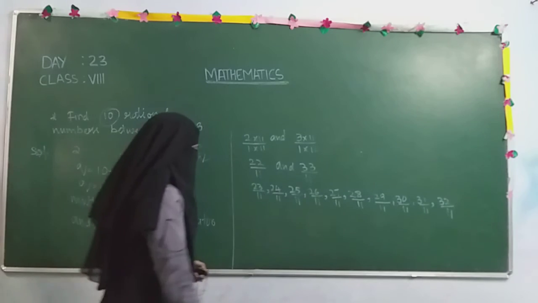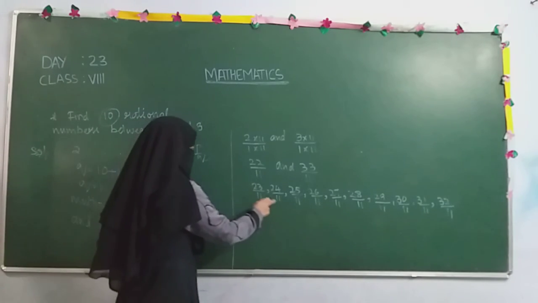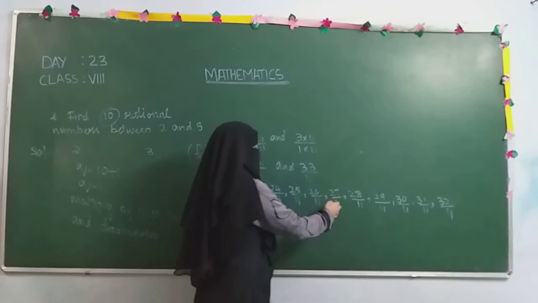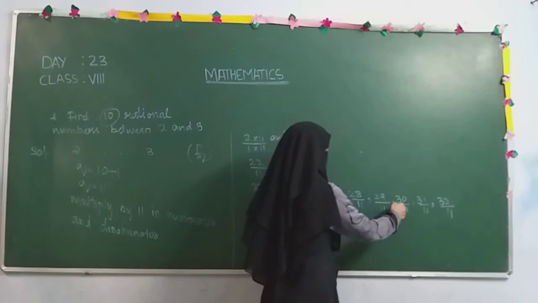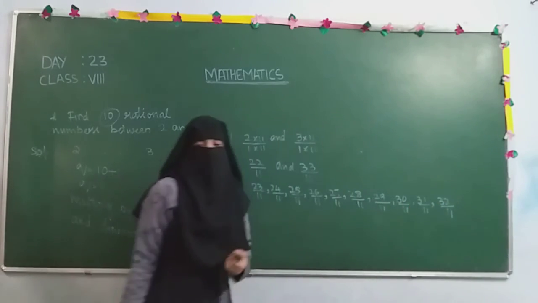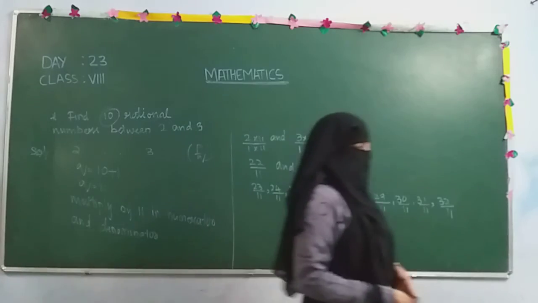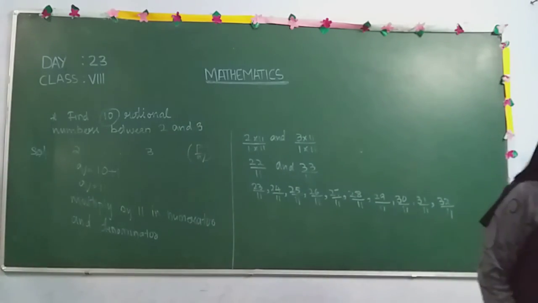Let's count whether they are 10 rational numbers or not. 1, 2, 3, 4, 5, 6, 7, 8, 9, 10. Yes, exactly, we got 10 rational numbers between the two given rational numbers.